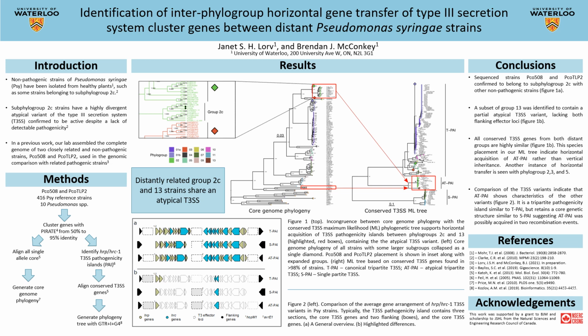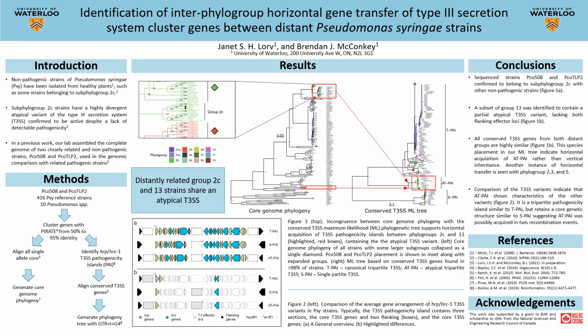I would like to briefly present to you my work on the identification of a putative inter-phylogroup horizontal gene transfer of the type 3 secretion system genes between distantly related Pseudomonas syringae strains. So to start off, just to provide you a bit of background, Pseudomonas syringae is a ubiquitous phytopathogen found all over the world.